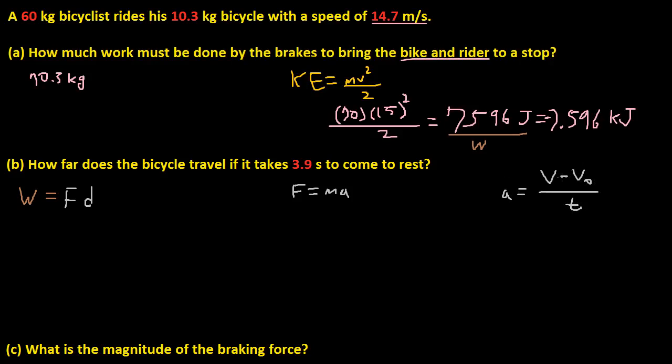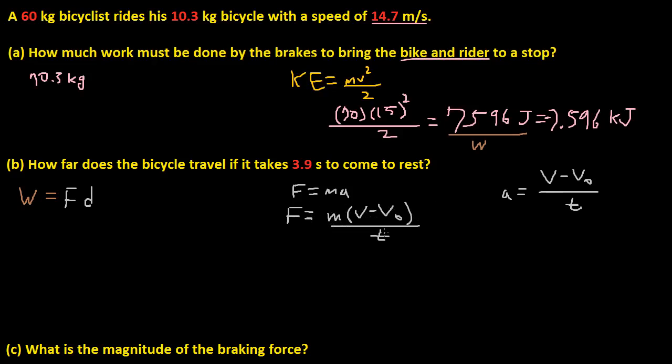Let's substitute this in and see what we get. F is equal to mass times v minus v naught all over t. If you distribute that out, you would get mv minus mv naught over t.